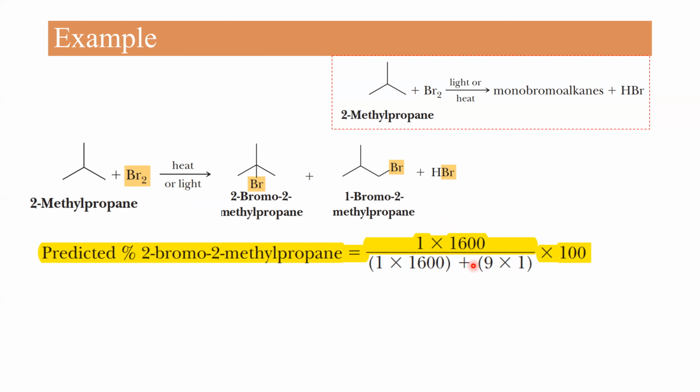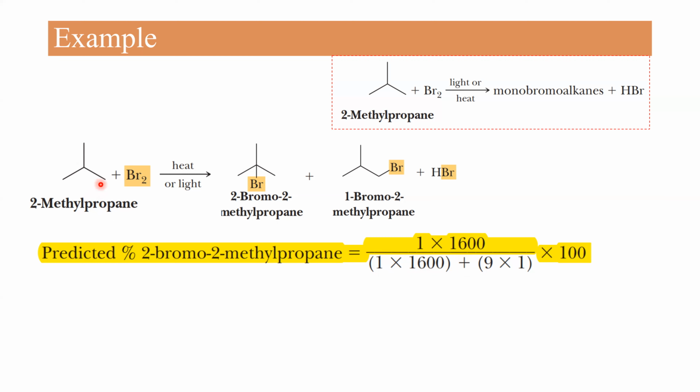Now in the denominator, we have to write the sum of all of the protons available for that structure with their regioselectivity values. In this structure, we have 1 tertiary proton, and we multiply it with its regioselectivity value, 1600, plus, because we are taking the sum of all of the protons with their regioselectivity values.